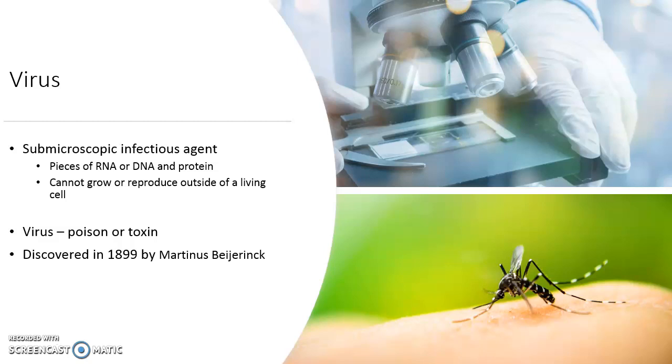The cell reproduces, and they pick up some of the RNA or DNA from that cell, and so they're able to mutate pretty quickly. Viruses are a part of microbiology that is not exactly living, but it definitely affects living things.